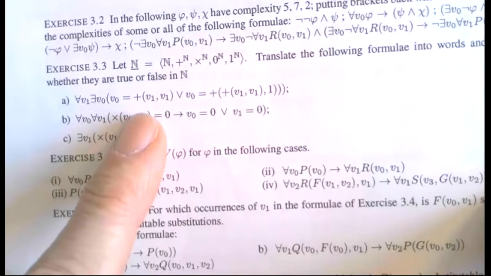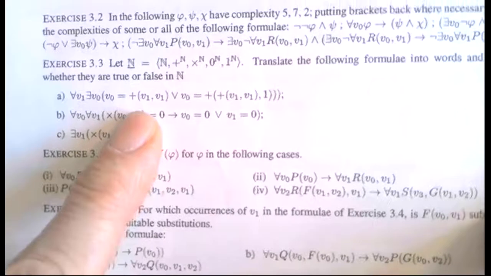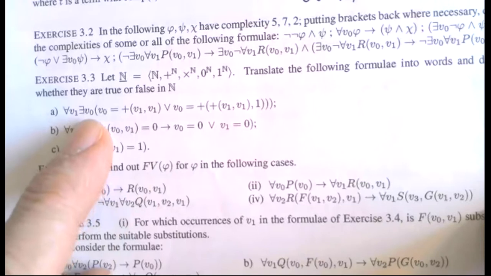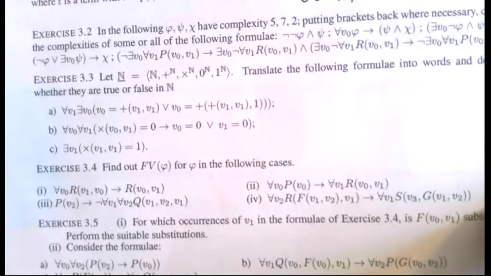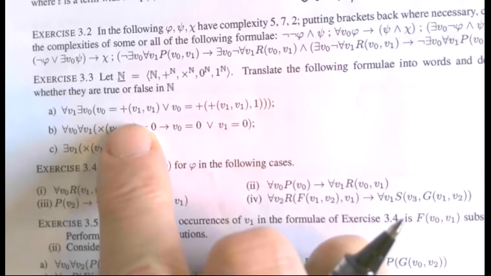So what does all this mean? It says every number is either even or odd. You pick a number, so there is v0 for every number. No, it doesn't quite say that, does it? That's probably what it was meant to say.